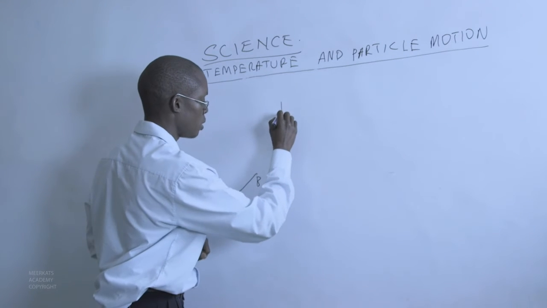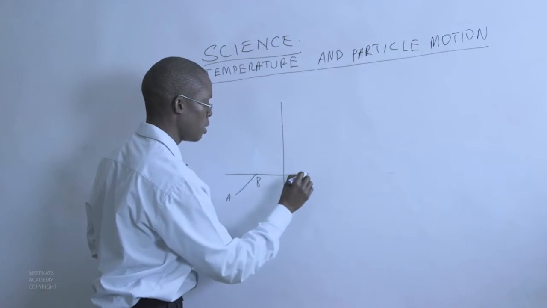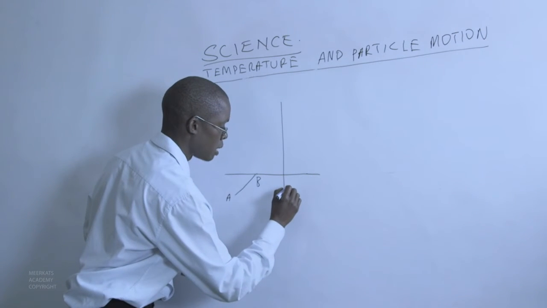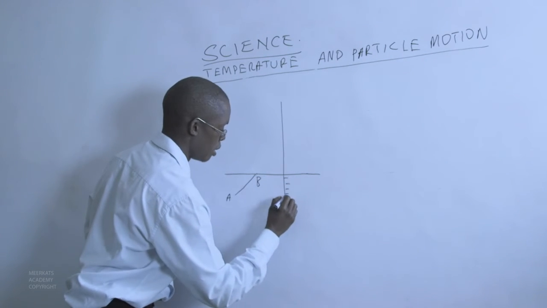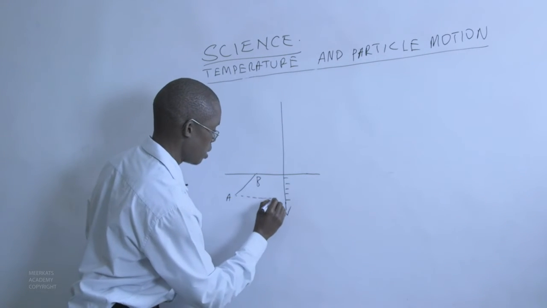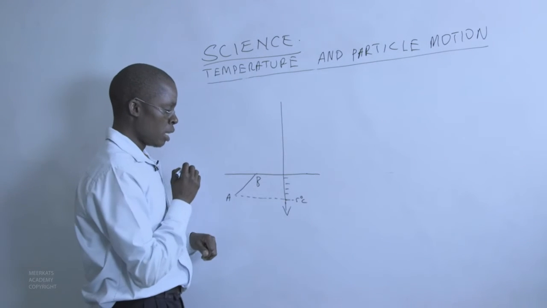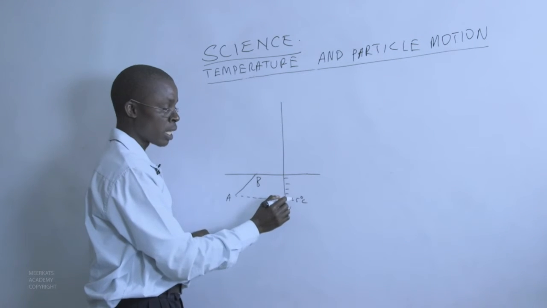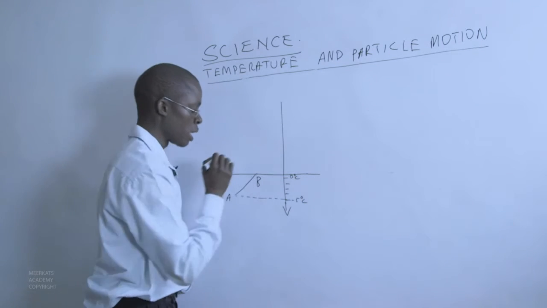Maybe let me use this Cartesian plane this way, so that this one is a negative temperature. So maybe we are starting at -5 degrees centigrade. So as you move from -5 degrees centigrade to 0, at this point is 0 degrees centigrade.